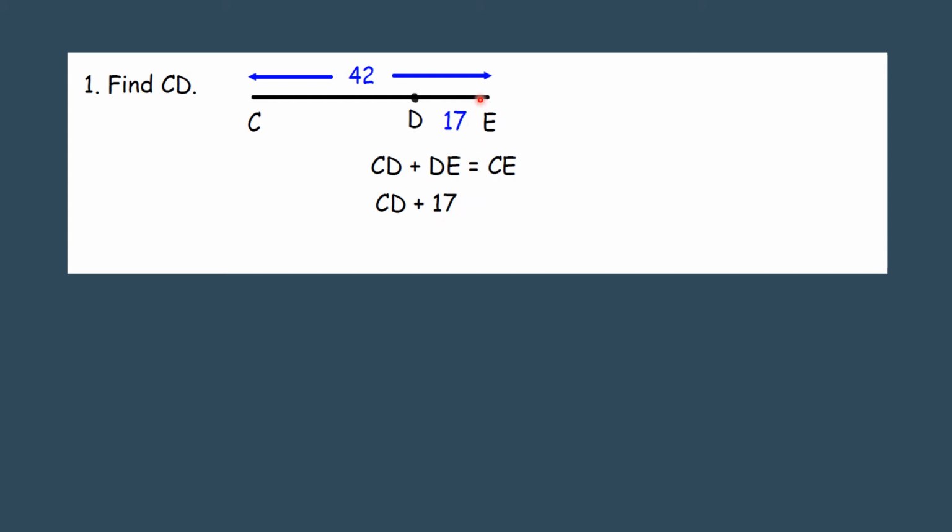Equals, and then the length of CE was given as 42. So this is your equation from algebra. And now we're going to subtract 17 from the left side and subtract 17 from the right side. So the length of CD equals 25. Again, why did we not start with subtraction? Because there's no such thing as the segment subtraction postulate.